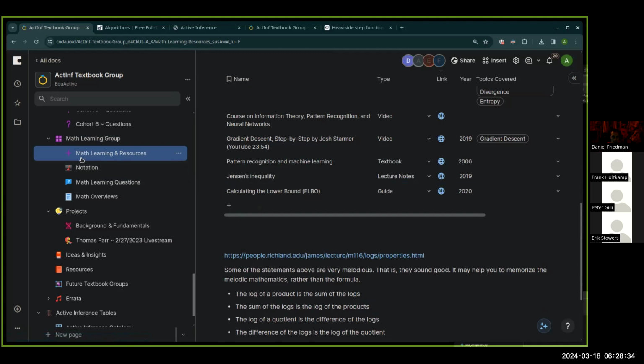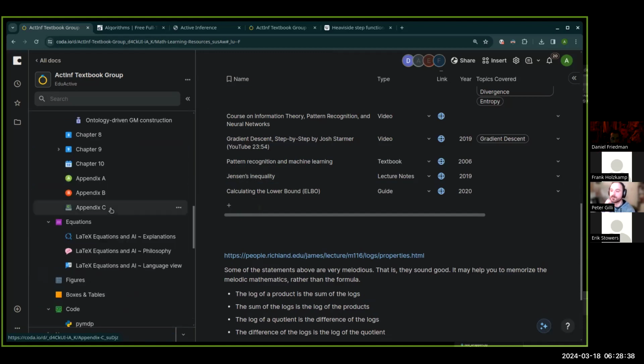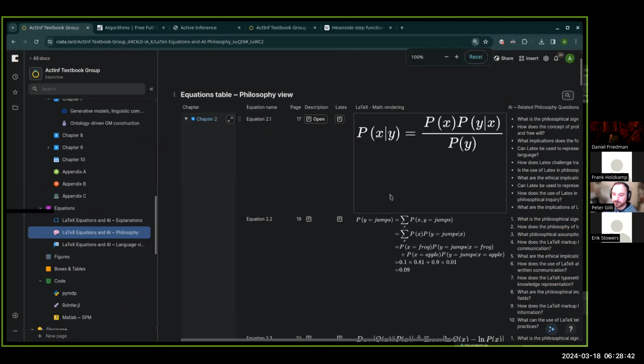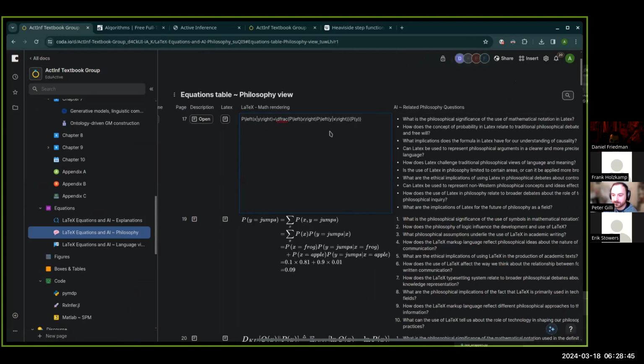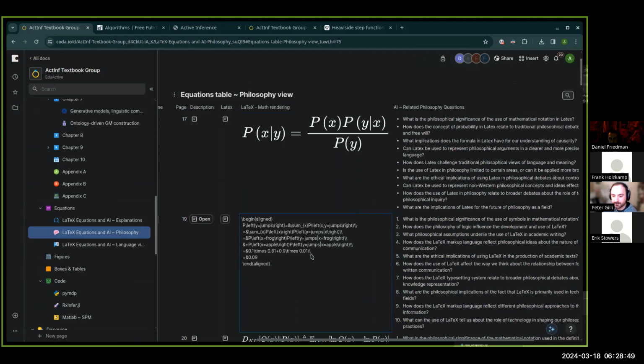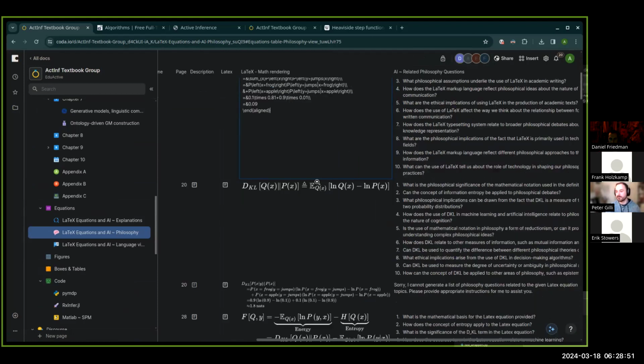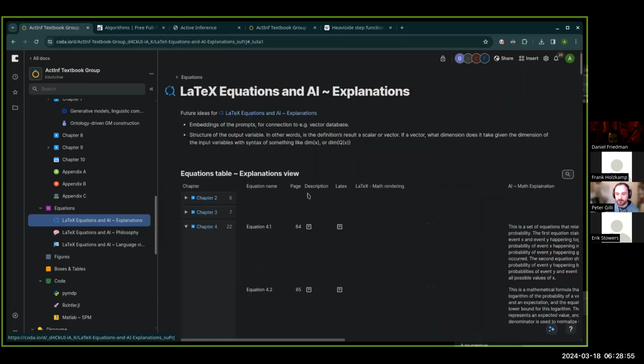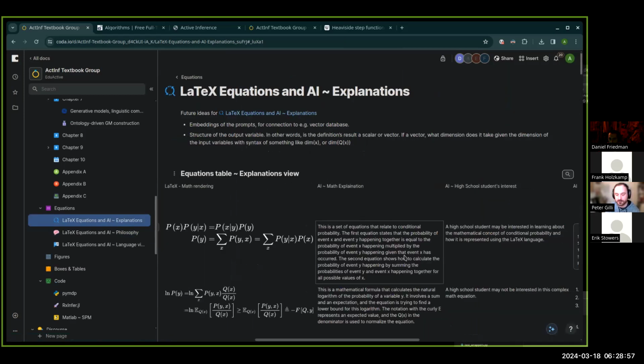And then another possibility with the learning is from the equations. Here, all the equations have been put into LaTeX. So even if you're working with a language model that doesn't have the ability to take a screenshot, you can just put this in or look at what we have here and then look at the explanation.